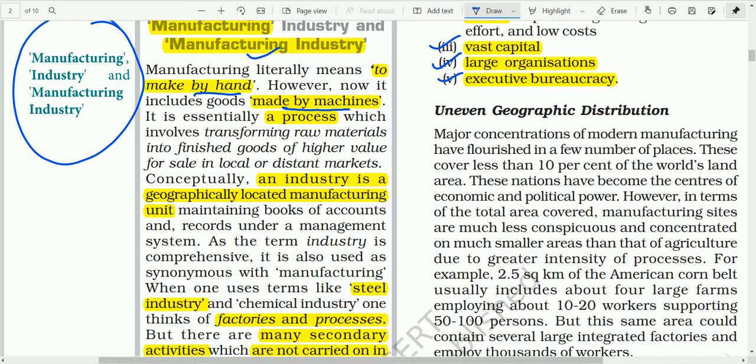Actually, manufacturing is a process which involves transforming raw material into finished goods of higher value for sale in local or distant markets, that we have learned earlier.